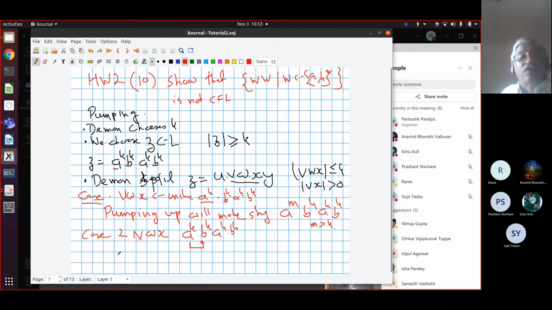I can split the whole string in the following way: A raised to I, A raised to J, A raised to L, B raised to M, B raised to N, and then what is there?